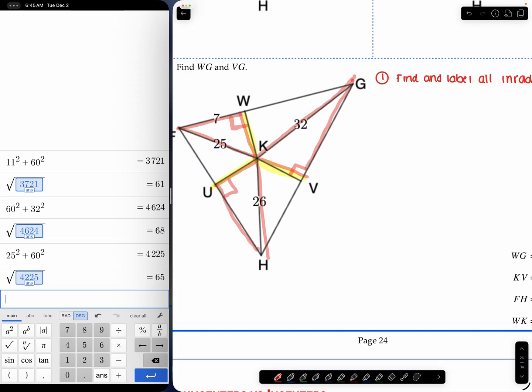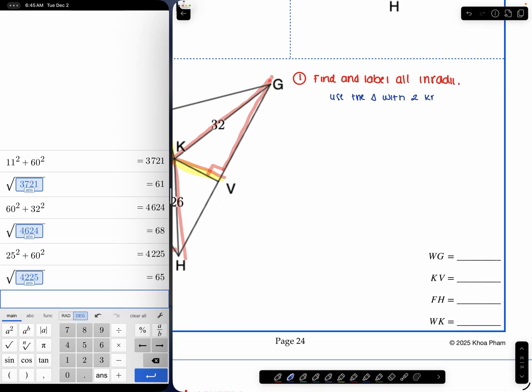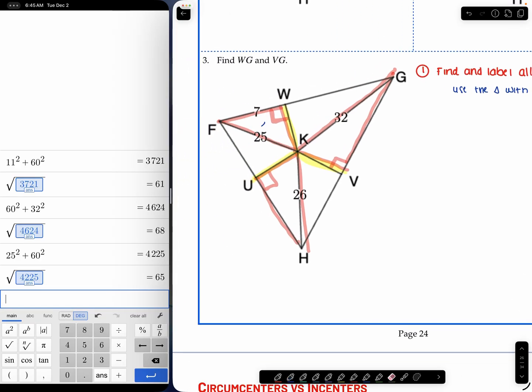And like the last section, we're going to use the triangle with 2 known sides. So we have to use this triangle first, and it's a matter of choice for which triangle we use second.